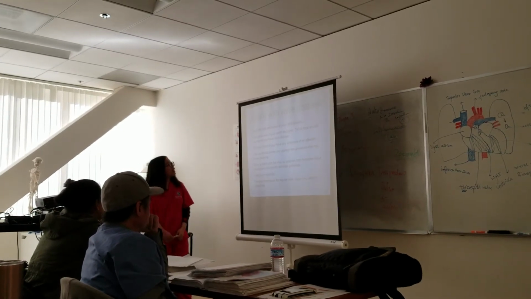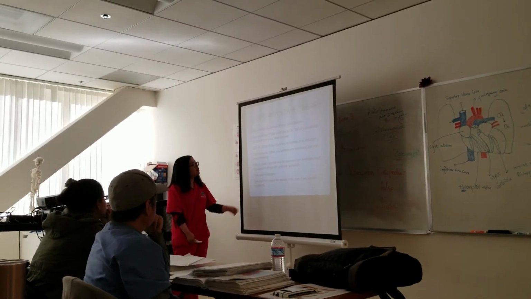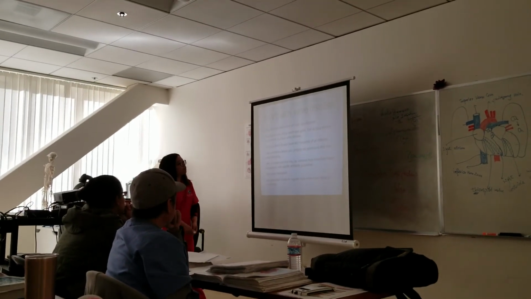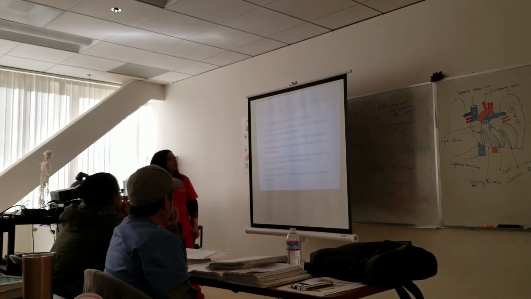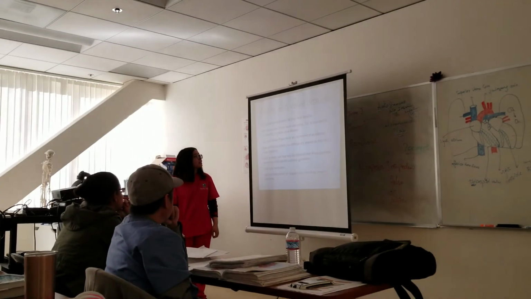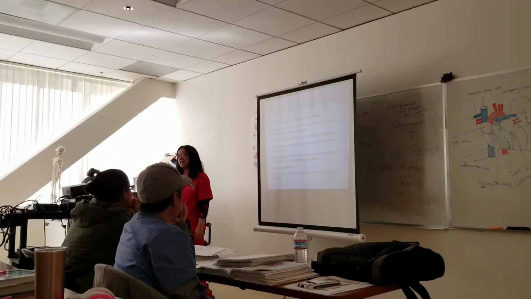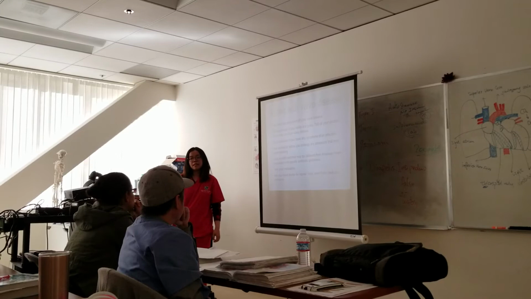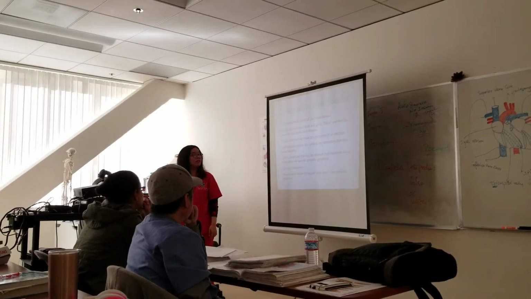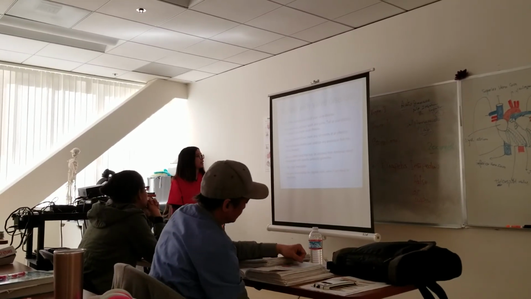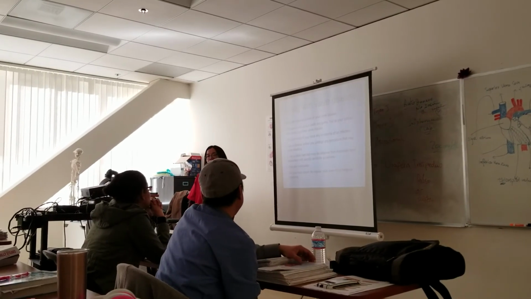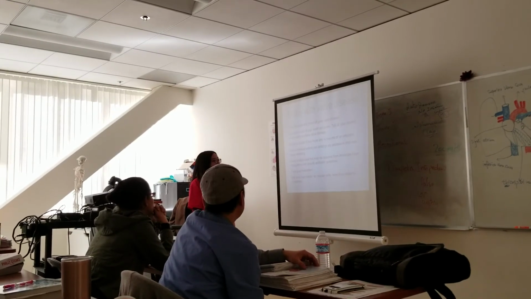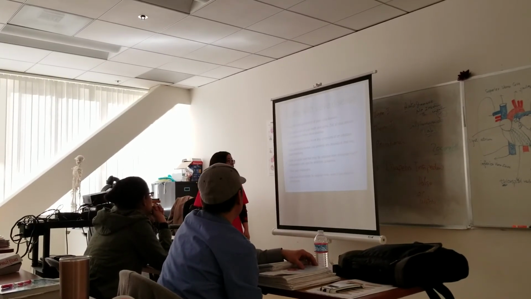So the last topic is how to live with valve disease. Know the type of your valve disease and take good care of your teeth. Tell your doctor and your dentist about your heart valve disease. Call your doctor if you have any symptoms of infection of your heart. Take antibiotics before undergoing any procedure that may cause bleeding.